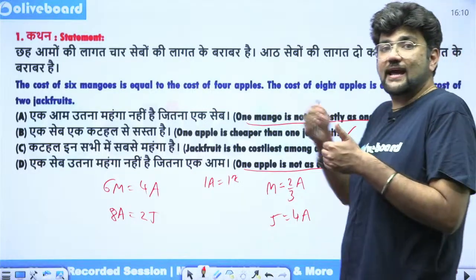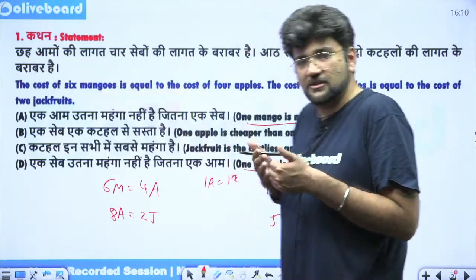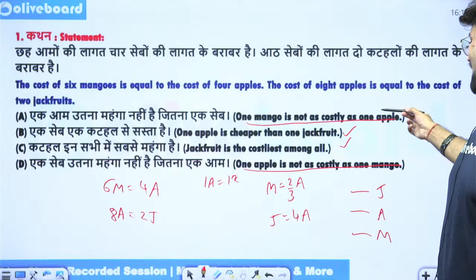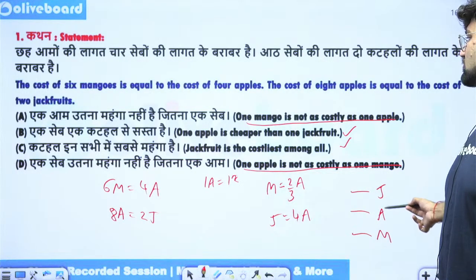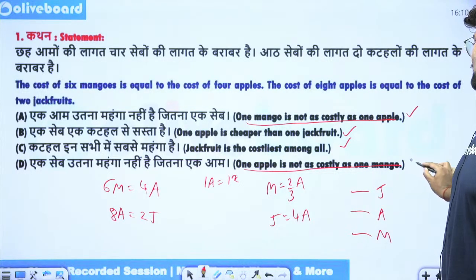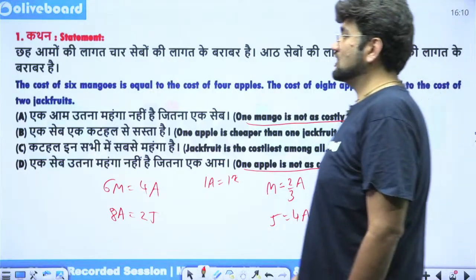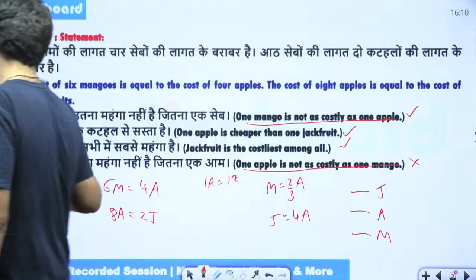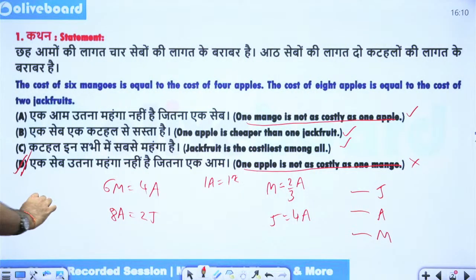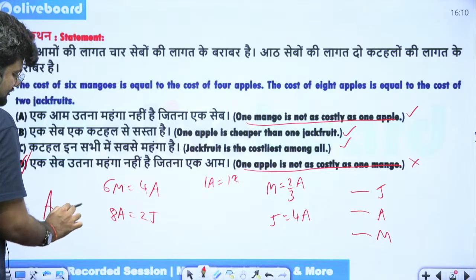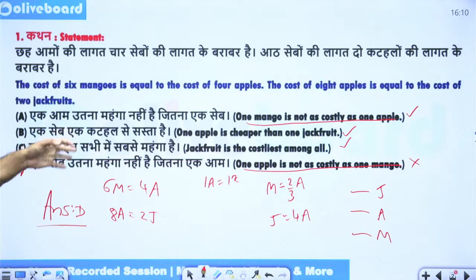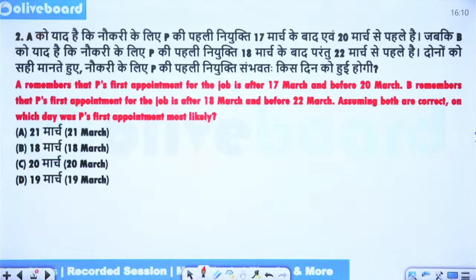If something is not as costly as something, that means it is cheaper than that. So mango is not as costly as one apple. This is true. But apple is not as costly as one mango. No. So this option D is the right answer. What is the question saying? The question is saying that which of the following statements is incorrect. How did we figure it out? From the options. Got it? Interesting question. Next.